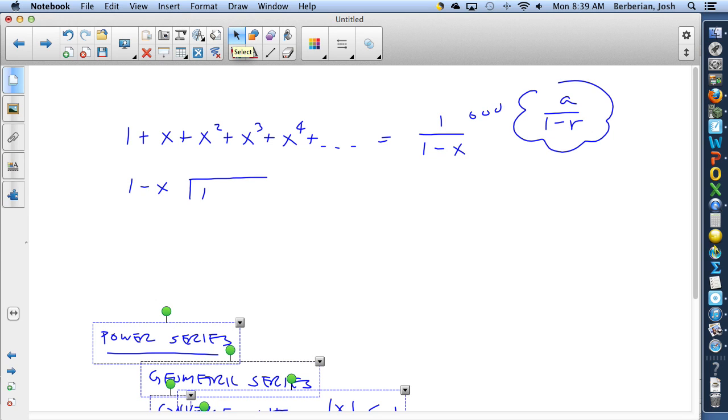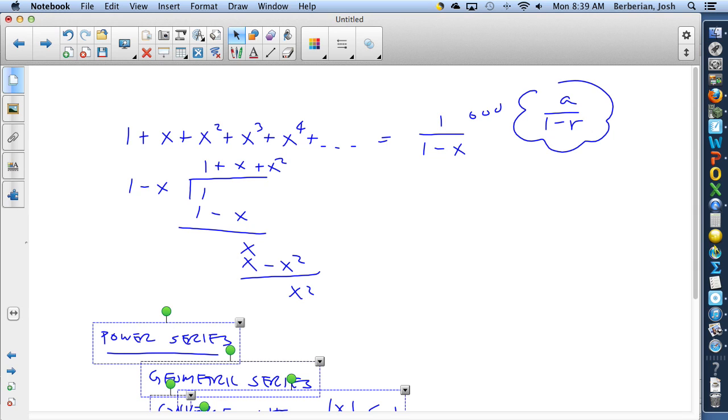How many times does that go into 1? 1 goes into 1 one time. I multiply. 0 minus negative x. How many times does 1 go into x? x minus x squared. 0 minus negative x squared.